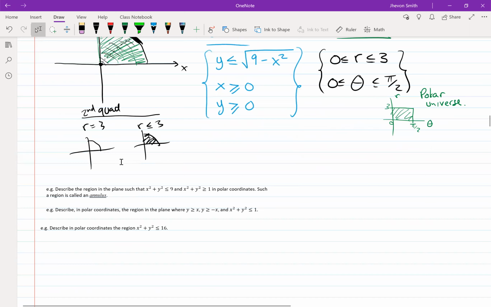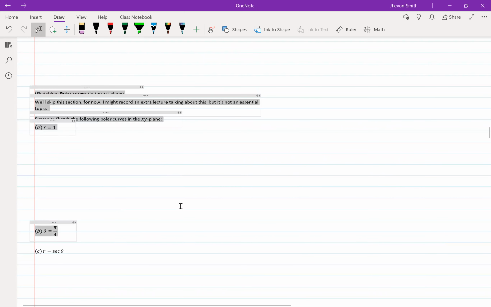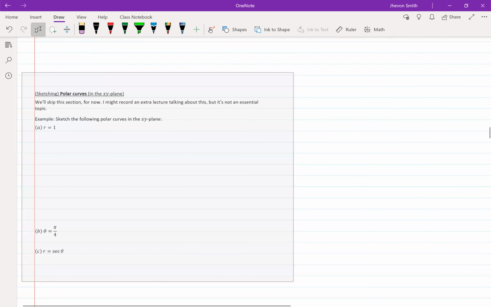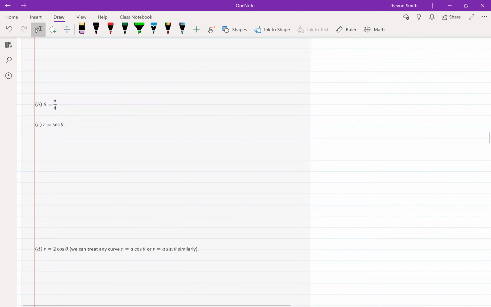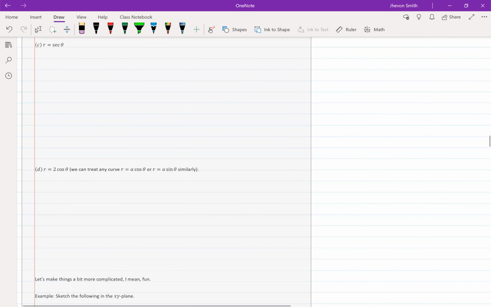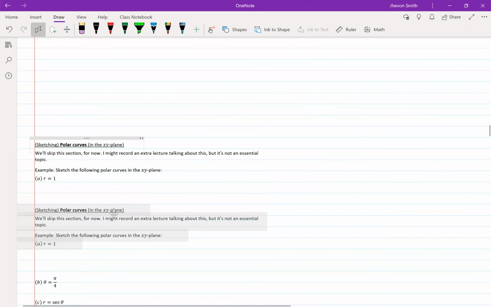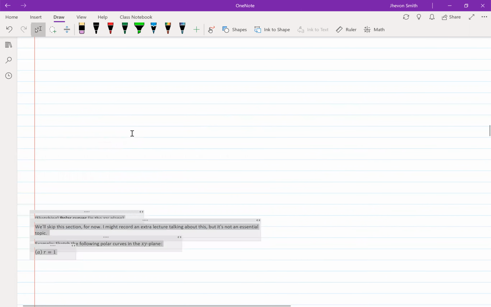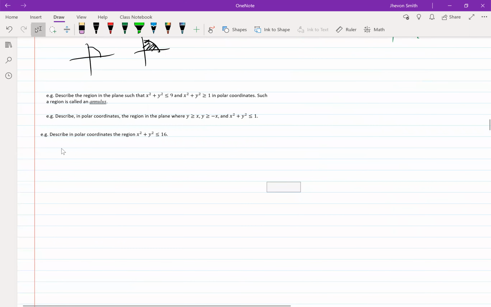So another important kind of circular region is something called, let's move this guy down, an annulus.